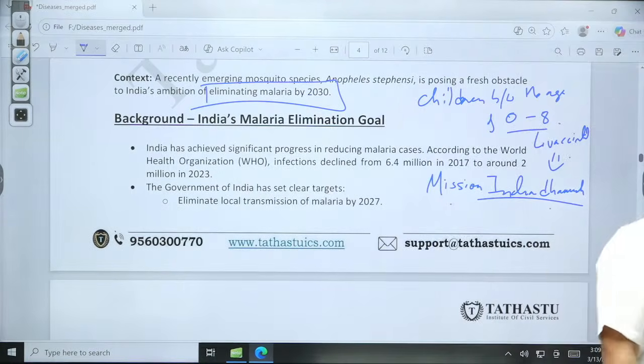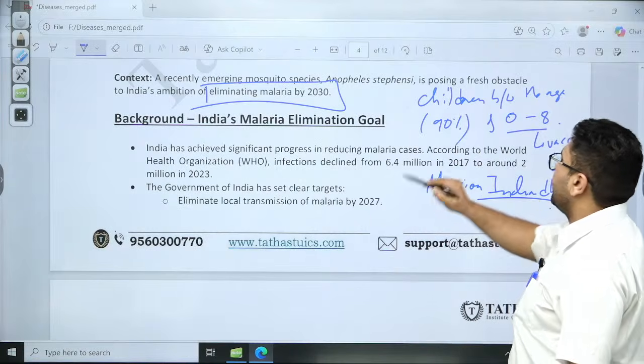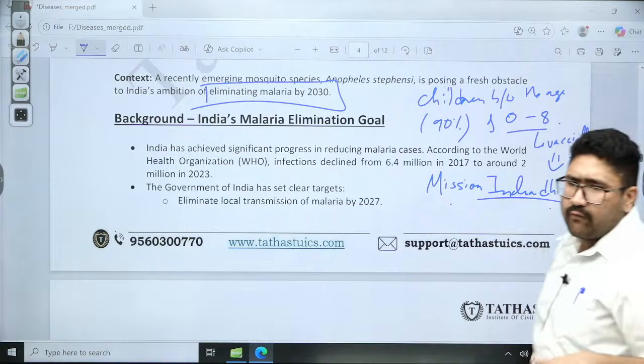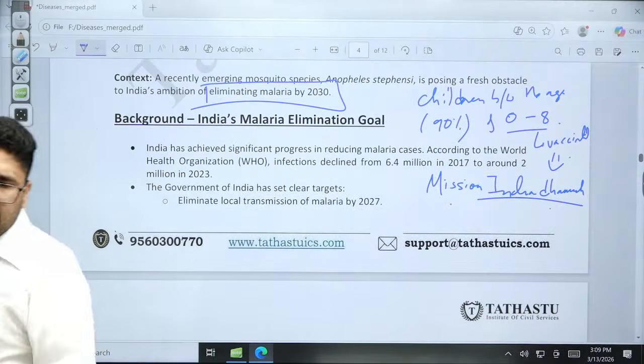So under Mission Indradhanush, 90% of children between the age of 0 to 8 should be vaccinated for 12 different vaccine preventable diseases, and malaria is one of them. But in case of malaria, this 90% target has not been achieved, and hence we say that the elimination of malaria from India is going to face certain new challenges.